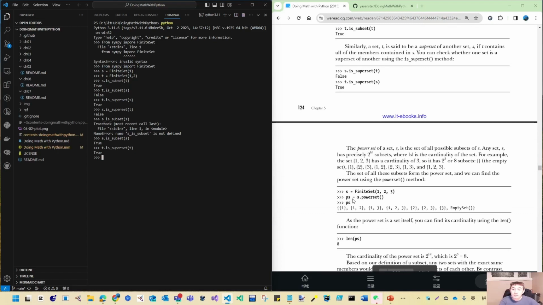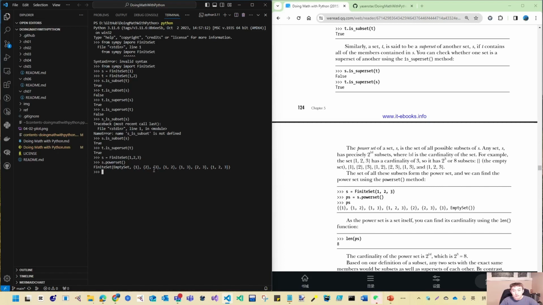And what about the power set? Let's see, S is FiniteSet(1, 2, 3), and then we just put S.powerset(). You can see here we got even the empty set as a subset of S, and then 1, 2, 3, the single elements, the three possibilities of two elements, and itself, 1, 2, 3.